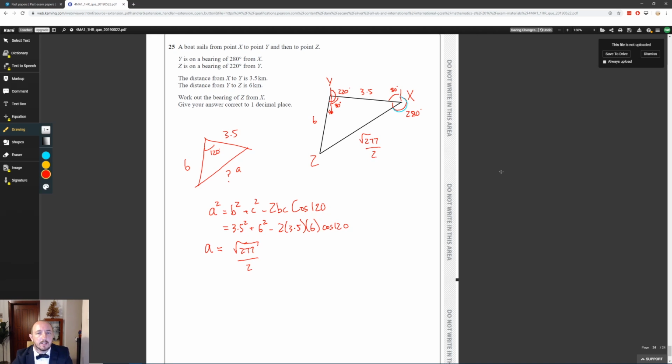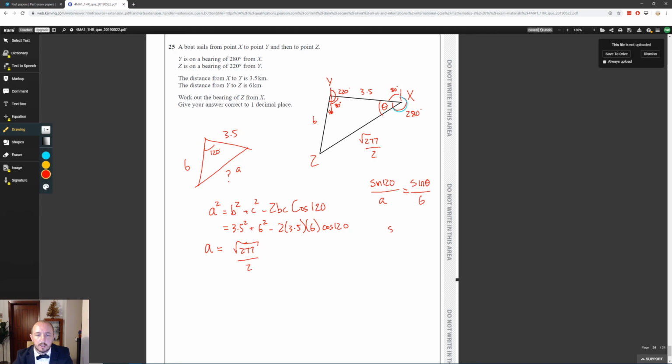Now we need to work out this angle in here. So once we've done that, we would be able to work out this bit here and get the whole bearing. So if we use sine rule now, then we can do sine 120 over A, which we just worked out, is equal to sine theta over 6.